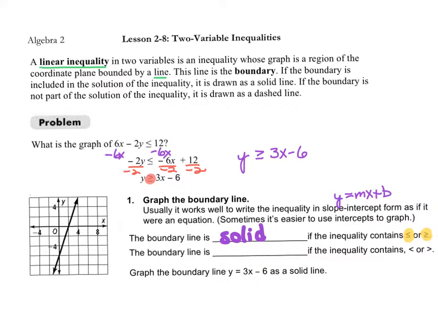If the inequality has a less than or greater than without the equal to, that's going to make the boundary line dashed or dotted. Okay, so for our inequality, because we have an equal to, it is going to have a solid line.